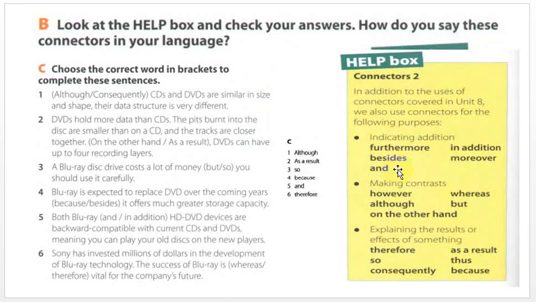Okay, making a contrast. However, although, on the other hand, whereas, but, these are used for making contrast between two sentences. For example, these days we study our lesson online.